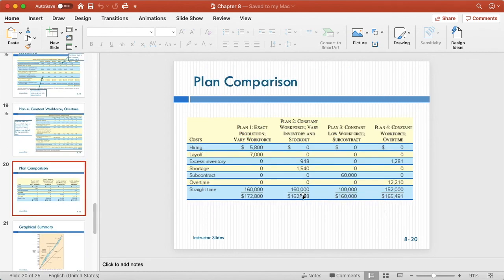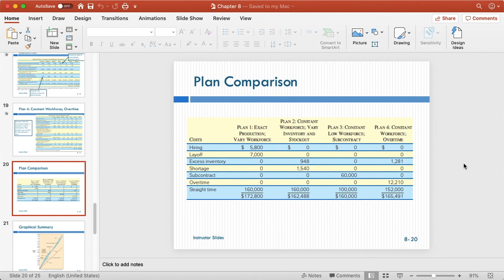If you look at this, this is the summary of this example. You see that under the four plans, not every type of cost will be incurred in every plan. In each plan, only some costs will be incurred.